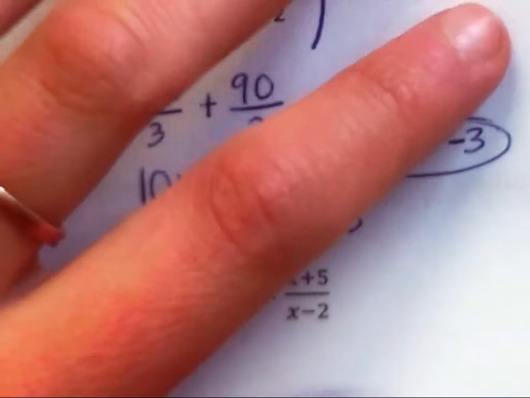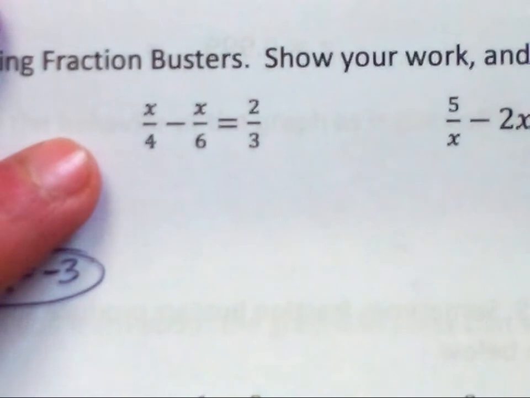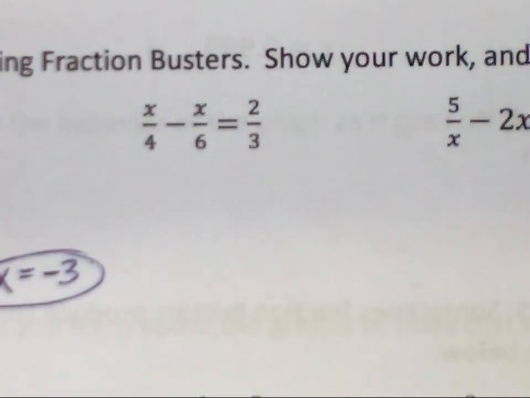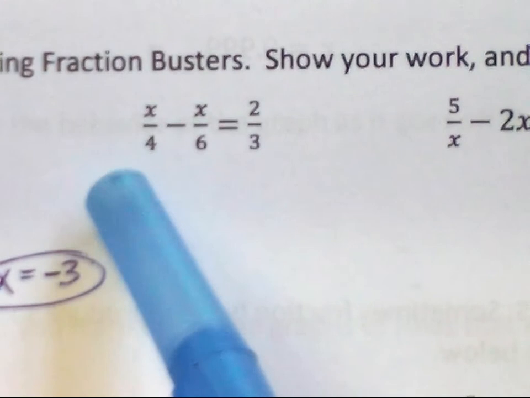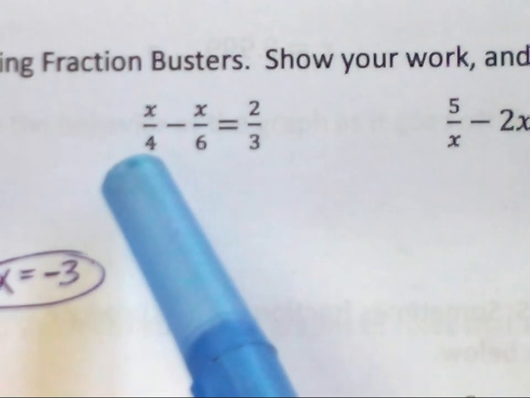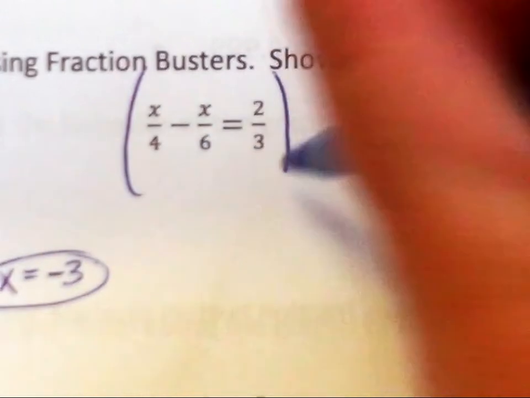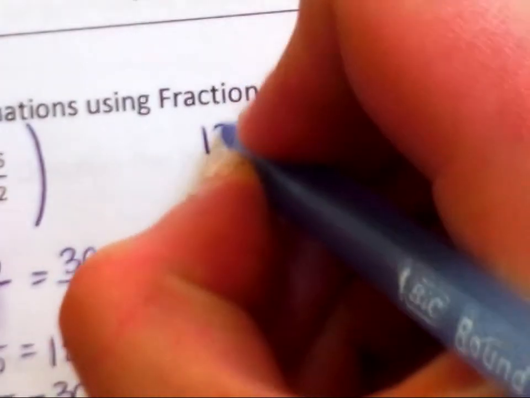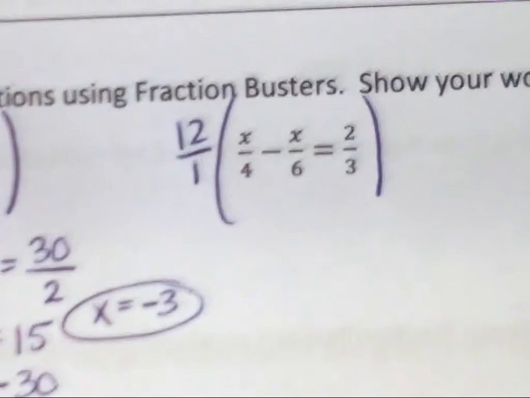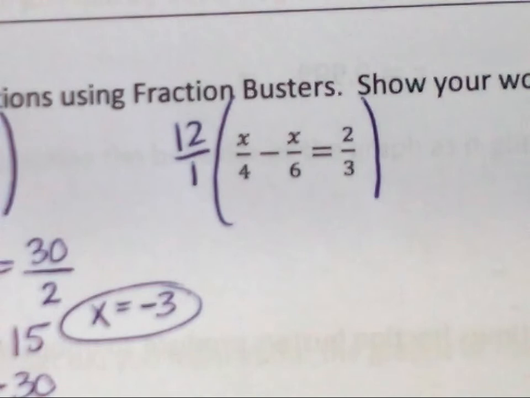All right. Here's a new one. So in order to be able to simplify denominators of 4, 6, and 3, we're going to need to multiply the whole equation through by 12. I'm going to write 12 over 1 just as a reminder.